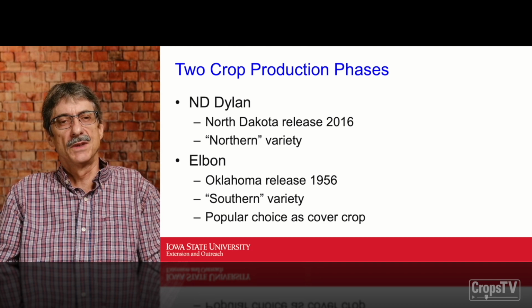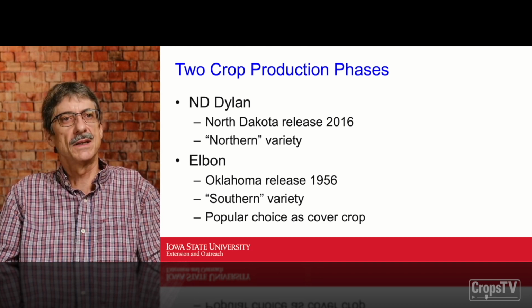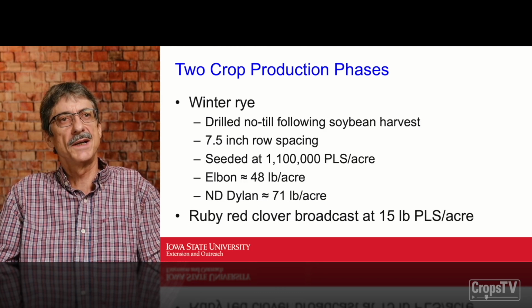And at least in the research arena, we seem to have a lot of people using that Elbin as a cover crop, so it seemed to be fairly popular. So we wanted to have a variety in the types of rye that we use, and so we had kind of the northern and the southern. And I'll talk about the Elbin and some issues we had with stand establishment with that particular variety.